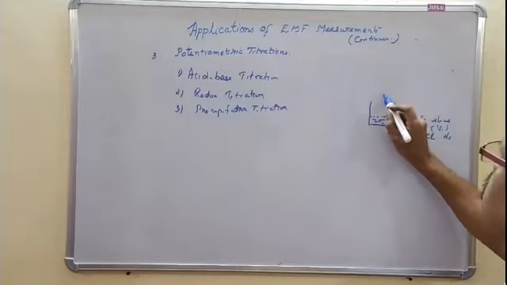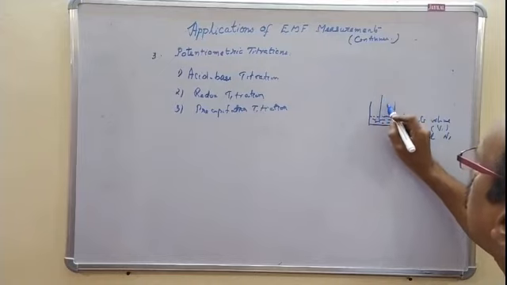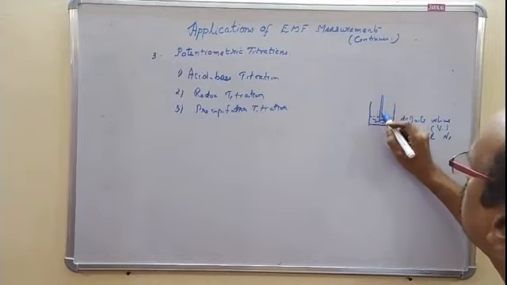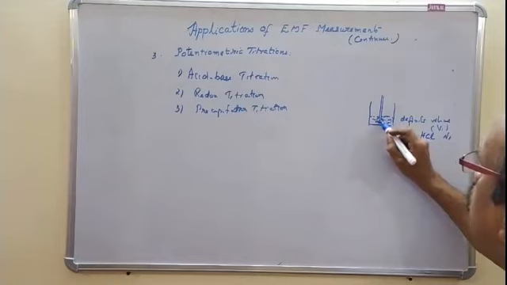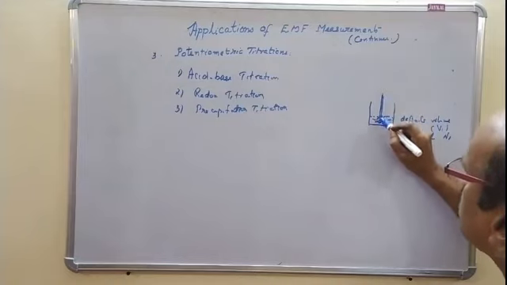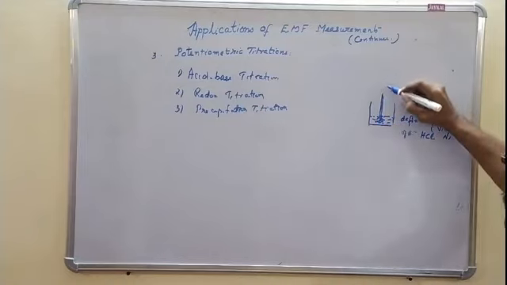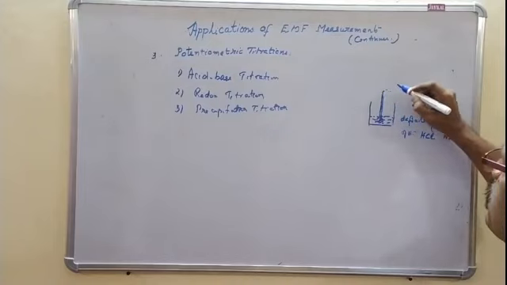This is the indicator electrode, the hydrogen electrode or glass electrode. This is the assembly with platinum.